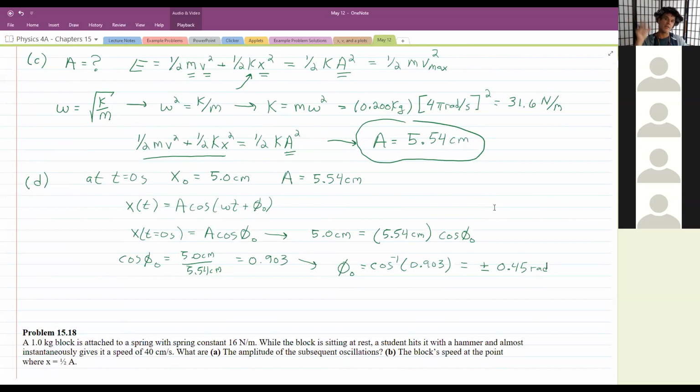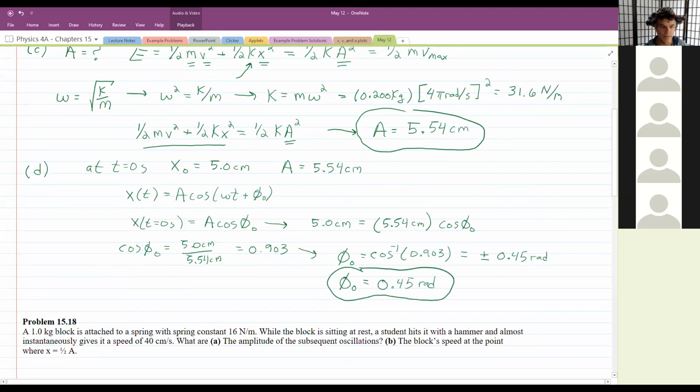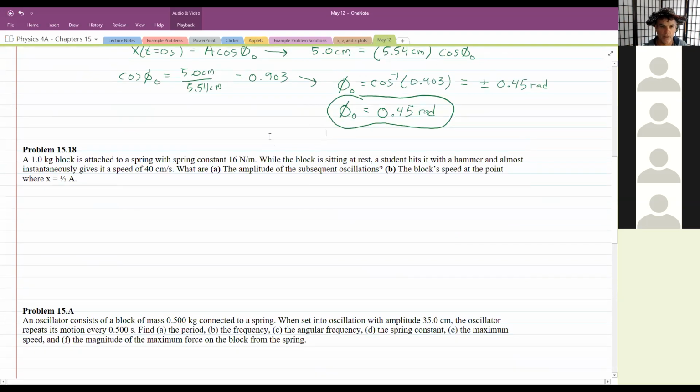So I want a positive position and a negative velocity, which means I want my phase to be in the first quadrant. So my phase angle is going to be 0.45 radians. If instead the velocity was positive, then I would have had my phase angle as negative 0.45 radians.